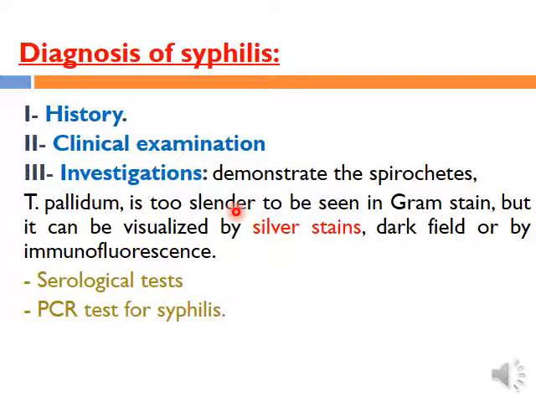So we use silver stains or dark field illumination, or sometimes immunohistochemistry or immunofluorescence. Other tests include serological tests for detection of responsive antibodies, and PCR test for the detection of microorganisms.